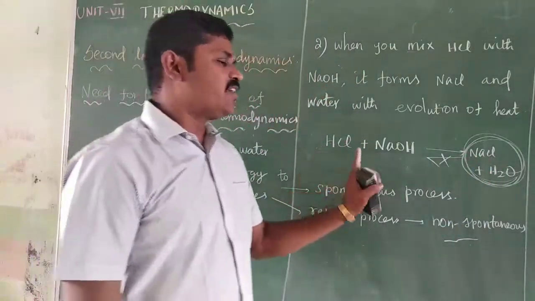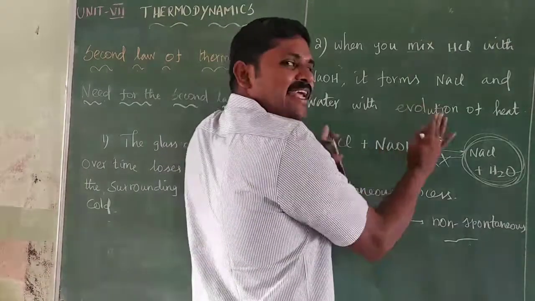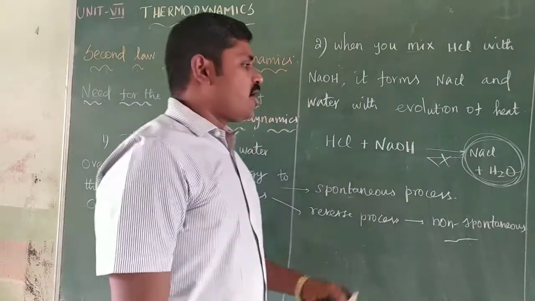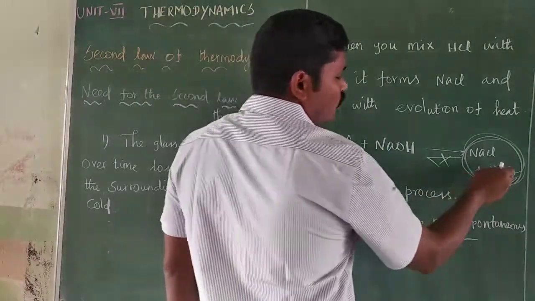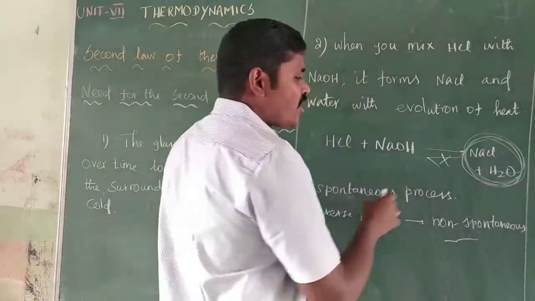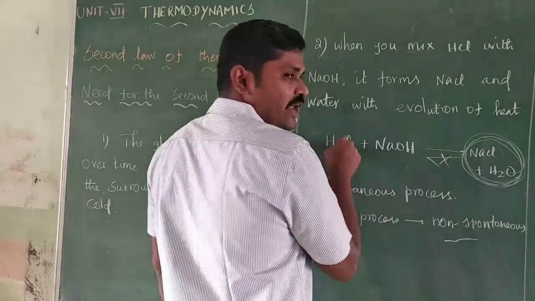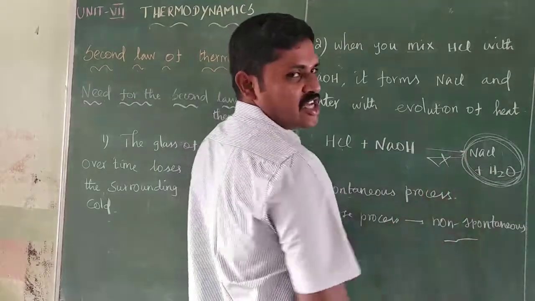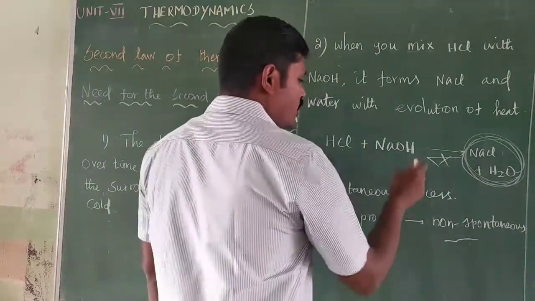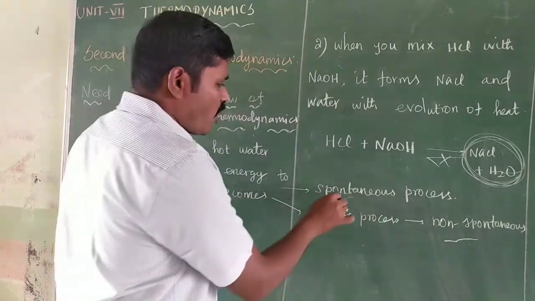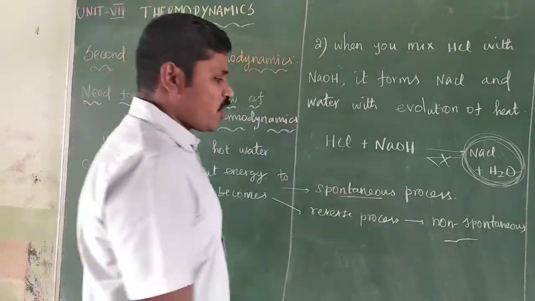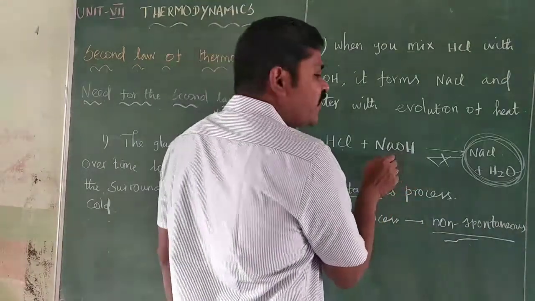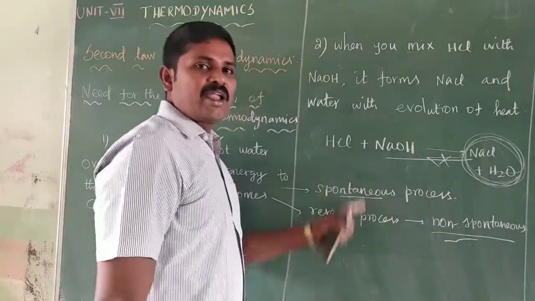It has a preferred direction. So the solution of sodium chloride cannot change into hydrochloric acid and sodium hydroxide even by absorbing external energy. So some processes are spontaneous, some are non-spontaneous, and some have a preferred direction.